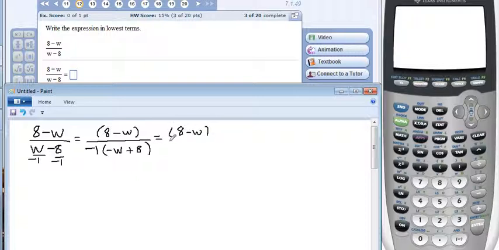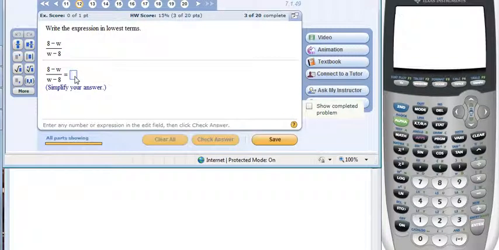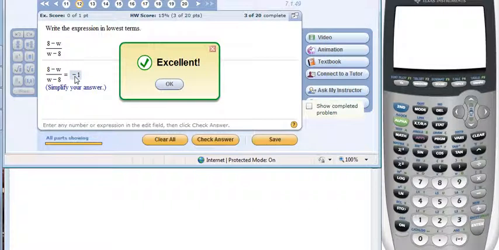So if I wanted to, I could flip-flop these around, right? Just retain my signs. I have a positive 8 and I have a negative w. So you really can see that they're the same thing now. Now I can cancel them. And what's left? A 1 divided by negative 1, which is negative 1. Okay? So that's all that's left there. Negative 1. Let's try it.